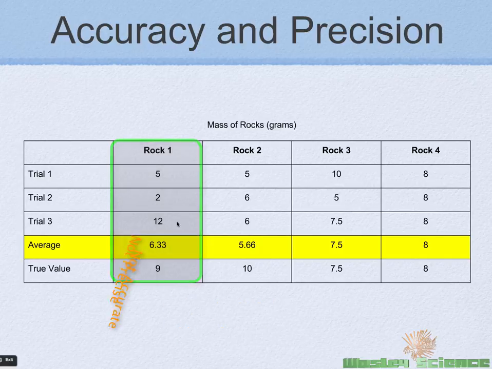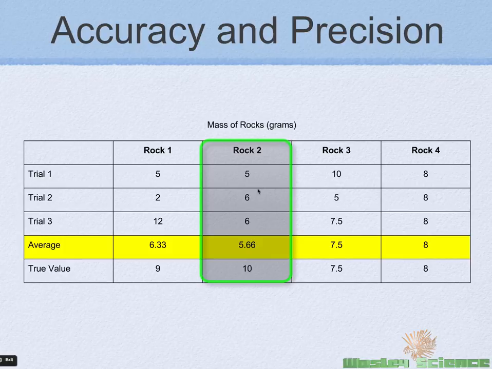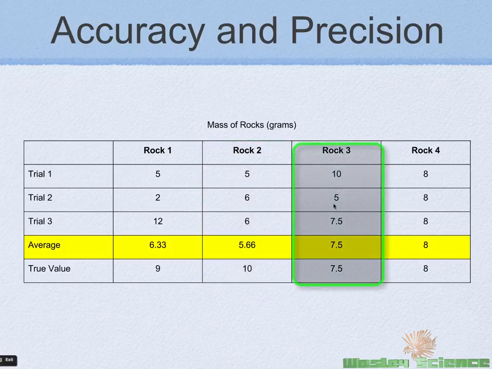Now let's move on to rock 2. So they have 5, 6, and 6. Those are really close. So this rock 2, they actually are precise. But are they accurate? So if you look at the average, 5.66 and then 10, they're not accurate. So rock 2 is precise and not accurate. Now let's look at rock 3, 10, 5, 7.5. So you can see here that they were not precise trial from trial.